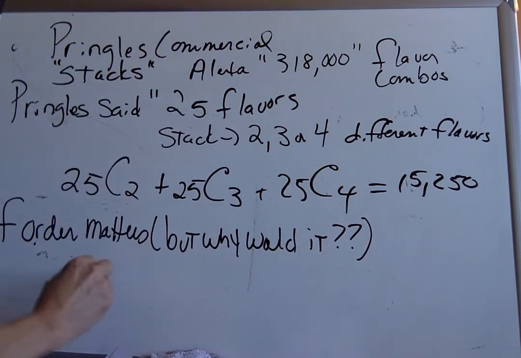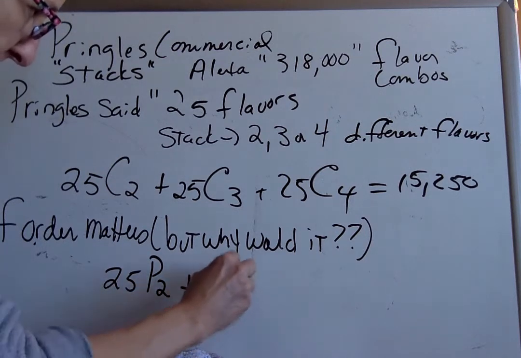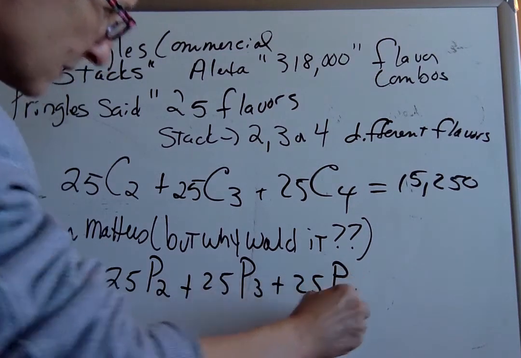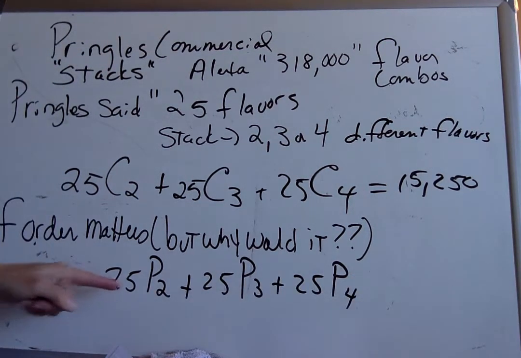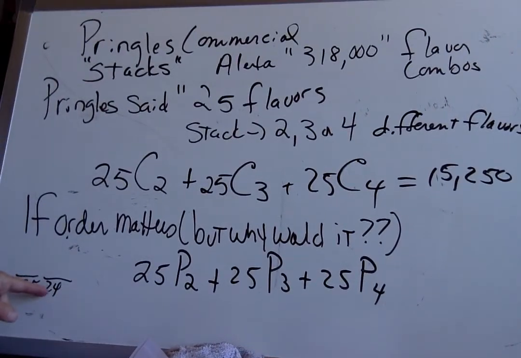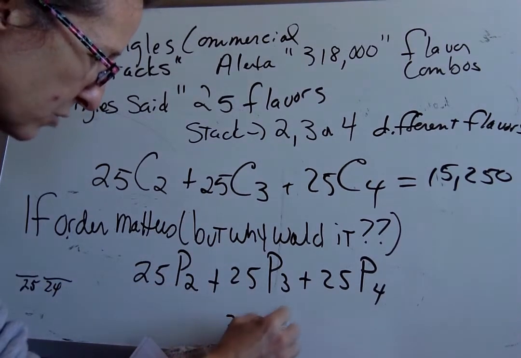If you actually do a permutation, for each one, let's just talk about the stack of 2. You know, which flavor am I going to put first? Which flavor am I going to put second? 25 times 24. Or this guy would be 25 times 24 times 23.